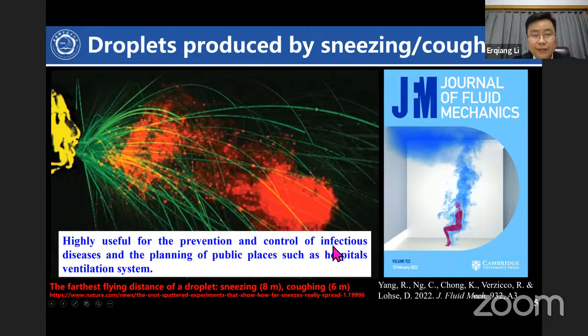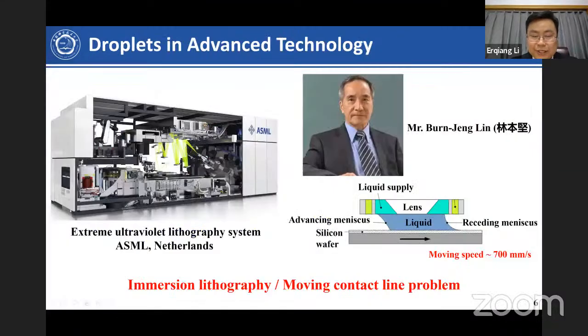Another example is in advanced technology. We know the ASML company in the Netherlands is very famous for its extreme ultraviolet lithography system. One of the secrets of ASML's success is to use the so-called immersion lithography technique that was proposed by Mr. Benjamin Lin.